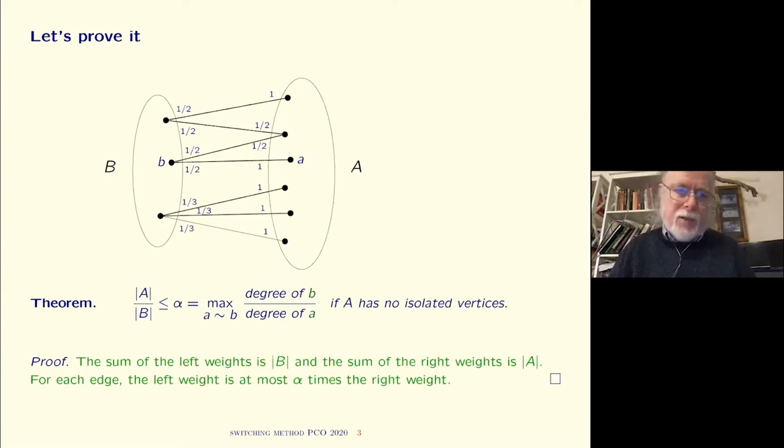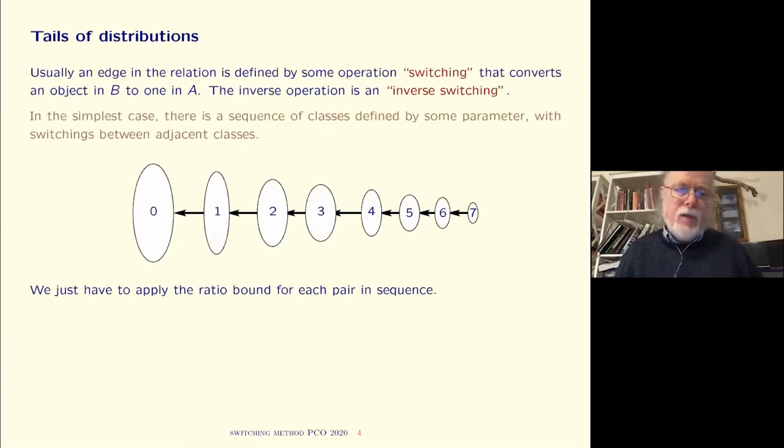So what we're going to do is generalize this simple result, and this is never weaker than the original result, and sometimes stronger. One of the things that switchings are used for is to bound the tails of distributions. In the simplest case, we have some sequence of classes of things, graphs or whatever, defined by some parameter.